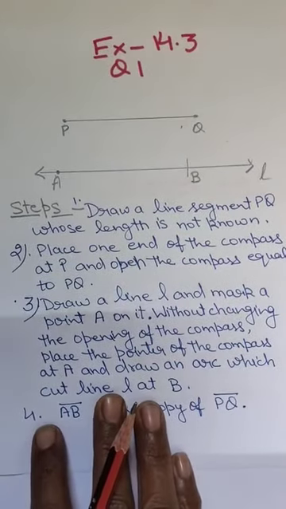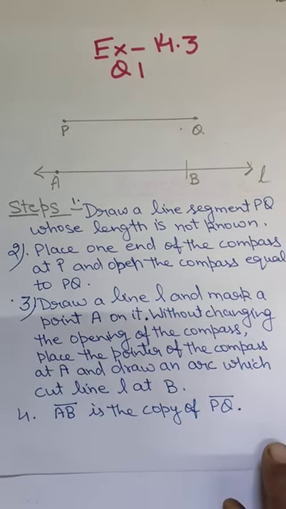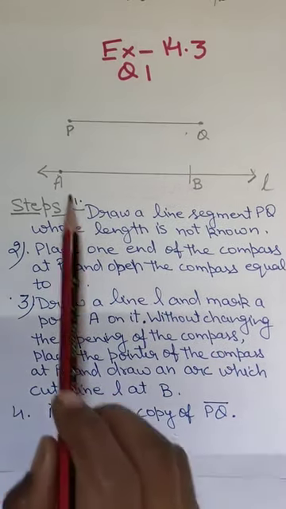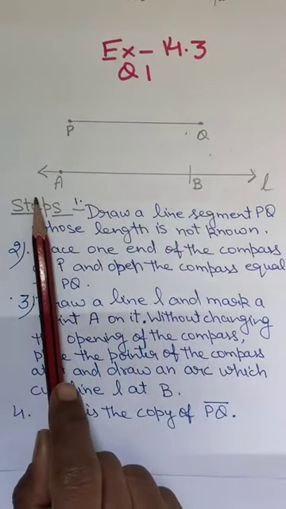Exercise 14.3. How to draw a copy of a line segment whose length we don't know. So this is how we have drawn. Draw a line segment PQ whose length we don't know.